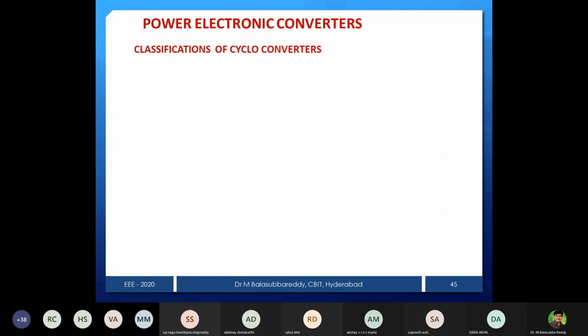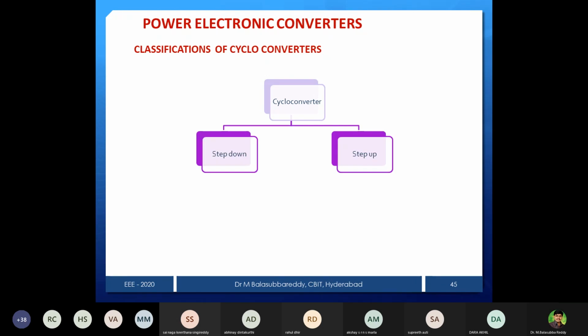And now we can see the classifications. Based on the connection, we divide into two classifications: midpoint cycloconverter and center tapped cycloconverter. And based on the frequency, we divide into step down cycloconverter and step up cycloconverter.